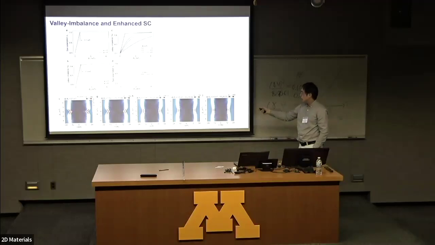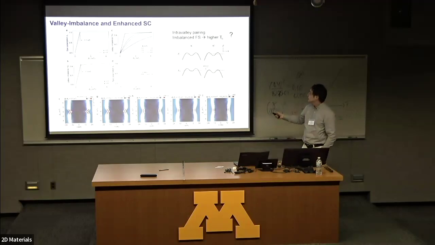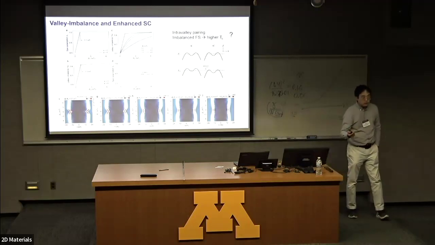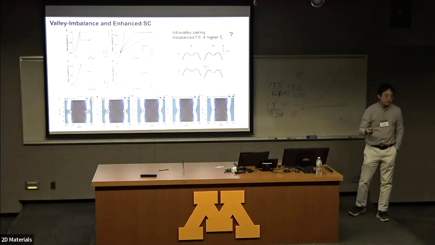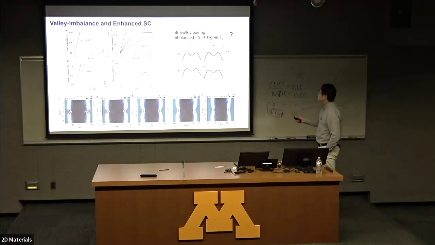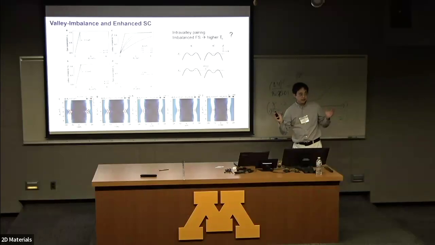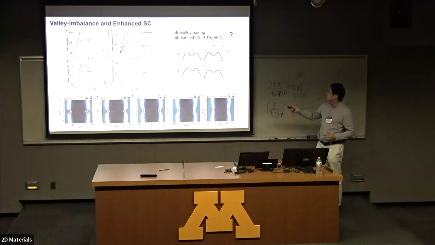So this kind of answers, of course, not how you get the superconductivity. But it seems to be suggesting that when you have a valley imbalance, this particular superconductivity gets strengthened in Tc, or supercurrent. So one possibility that naturally fits in this picture is that if the pairing happens just intra-valley, then when you create an imbalance between the two valleys, one of them must get bigger in density of states, right?